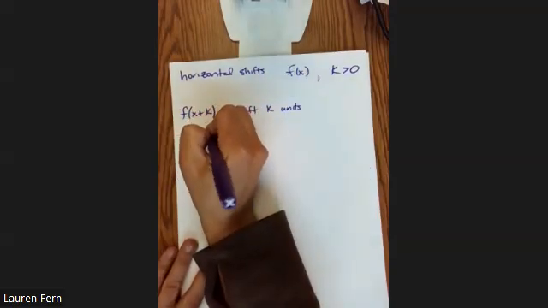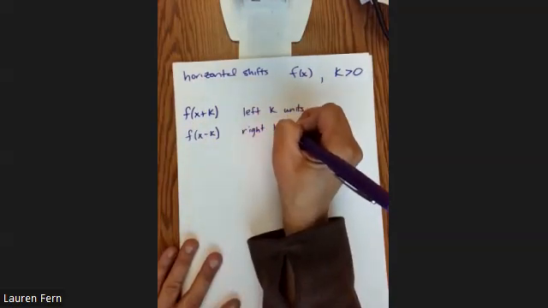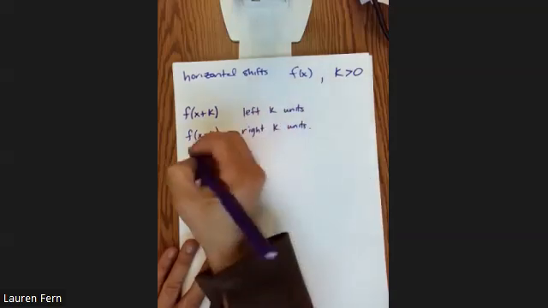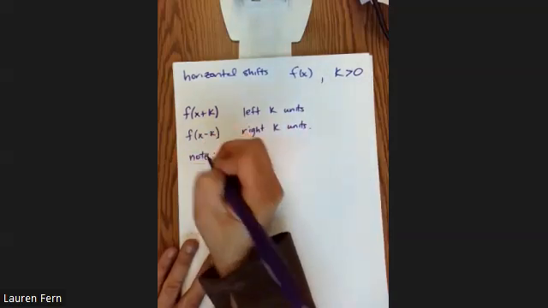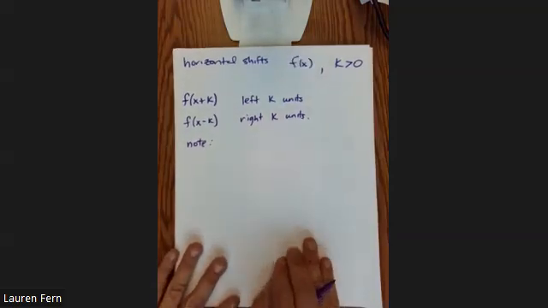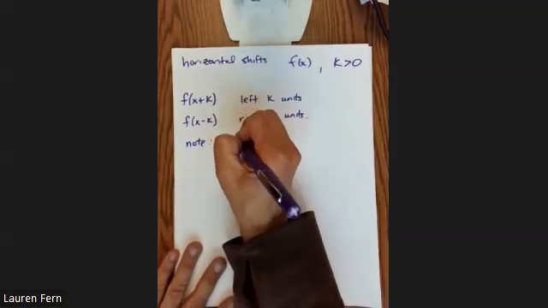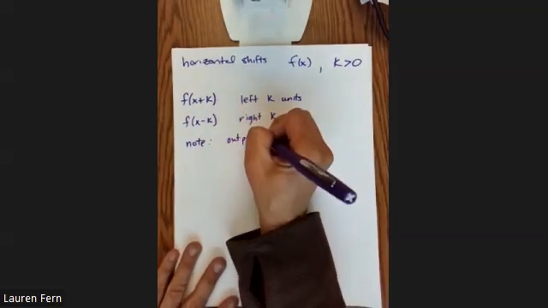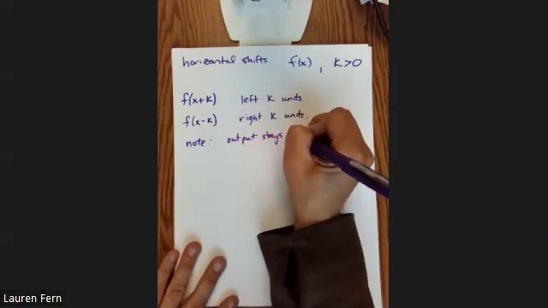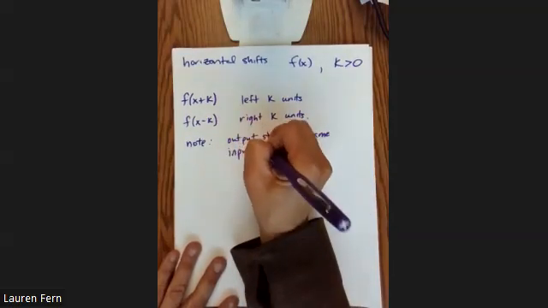And f of x minus k means that we go right k units. And to bridge the similarity between this and what we had just done with the vertical shifts, in this case, our output stays the same. It's our input that we're changing.